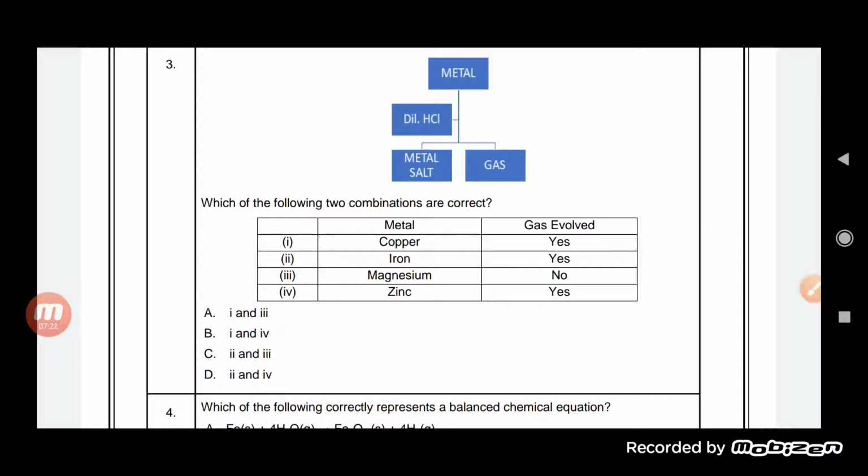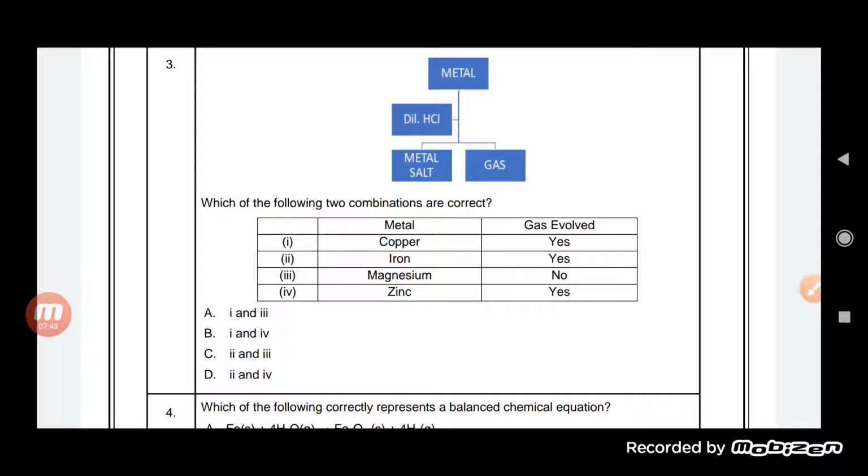If iron reacts with dilute hydrochloric acid, iron being more reactive than hydrogen, it will displace hydrogen and form ferric chloride, and yes, the gas will also evolve with it. So we can say that the second one is correct, and the first combination is the wrong one, because copper will not displace the hydrogen.